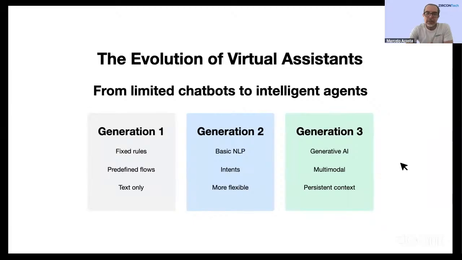We have seen three generations of virtual assistants evolve. Generation 1 was those frustrating rule-based systems that we all remember and that some companies still use. Generation 2 brought NLP with intent classification, which was a little bit better but still quite rigid. And now we are in Generation 3 with Gen AI.